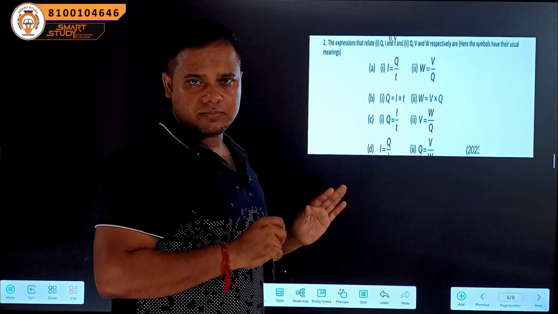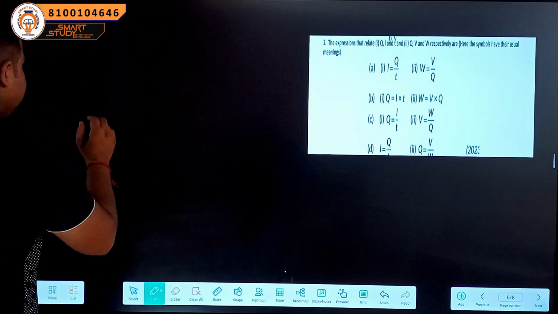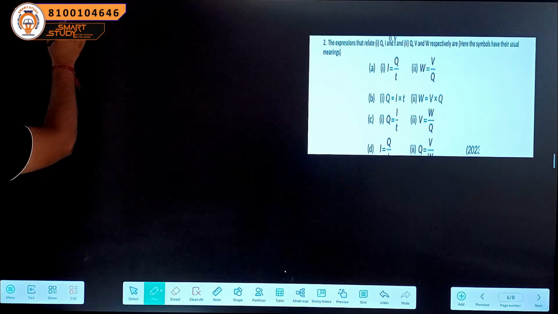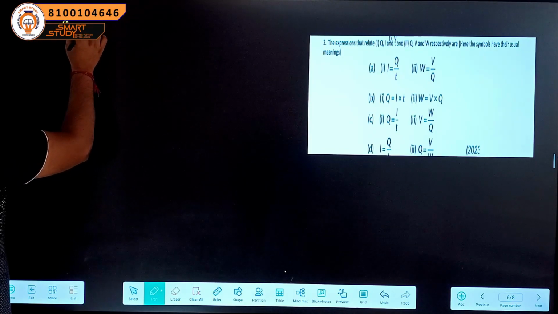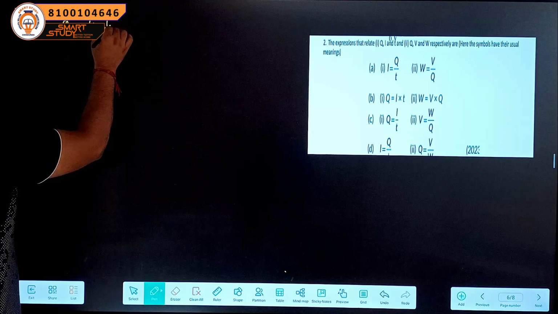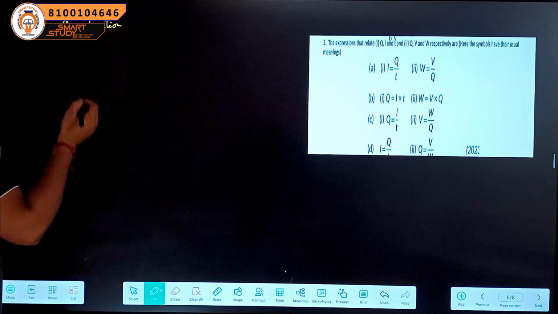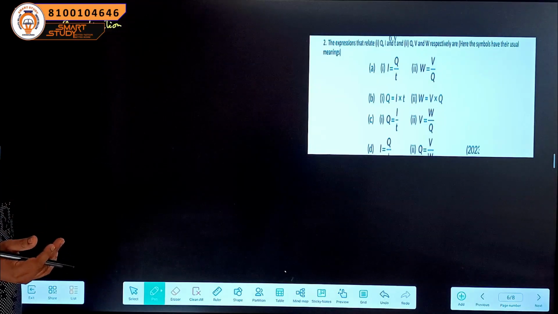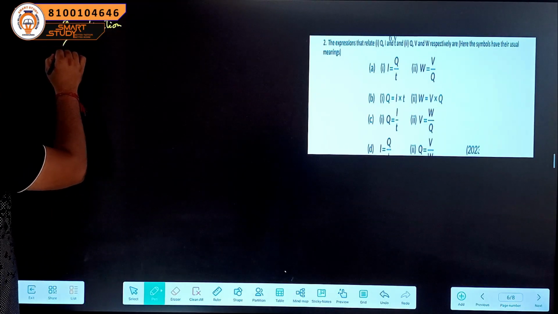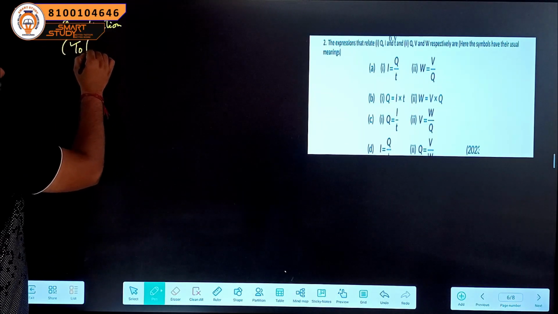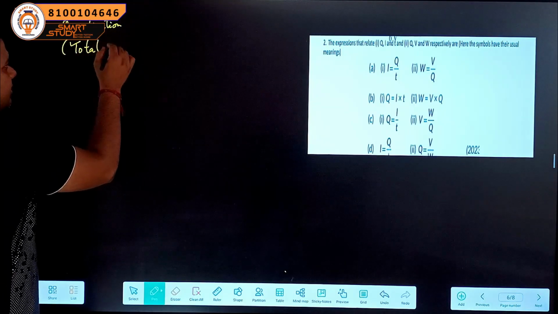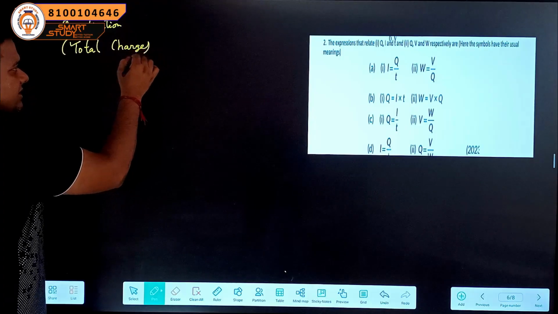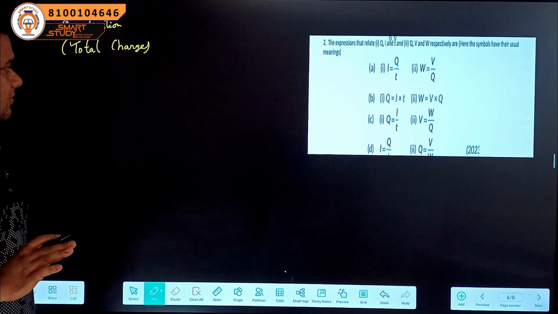Q is termed as quantization. It seems like an alien language, but sometimes in your book quantization is termed as total charge, the total charge accumulated by a body. Both are the same thing.